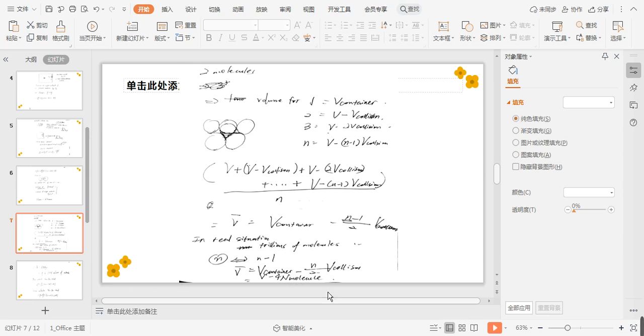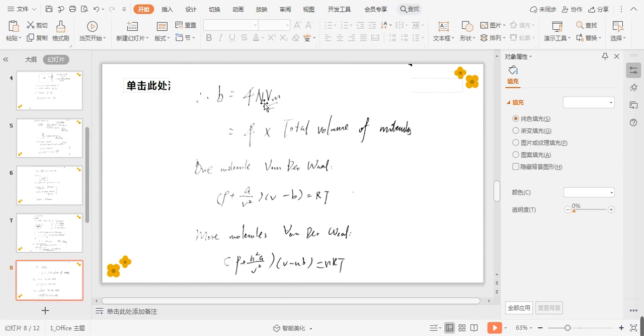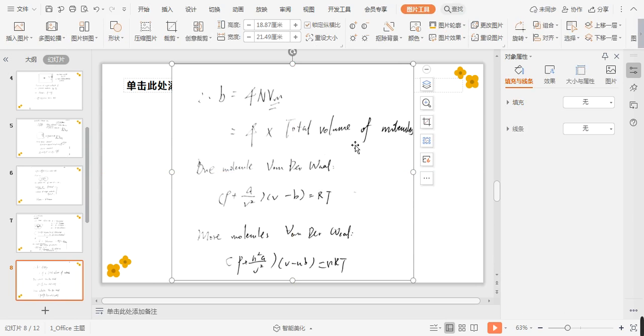So we treat 4 n V molecule as B. n is the number of molecules, and V molecule is the volume of one molecule, so n V molecule is the total volume. So B is equal to 4 times the total volume of molecules. So that's my derivation for the definition of A and B and where they come from.